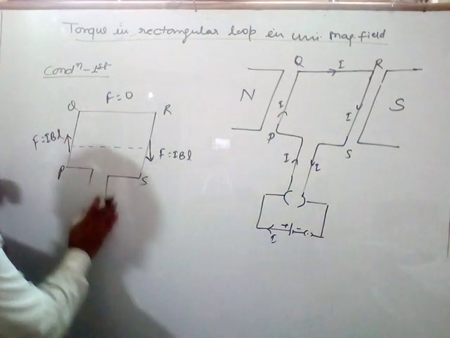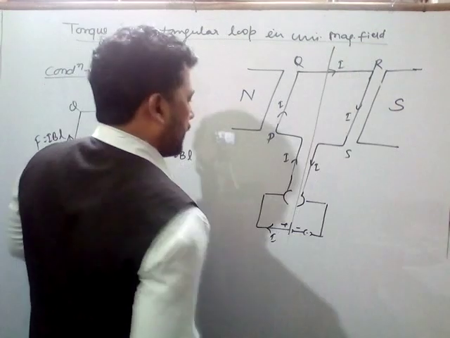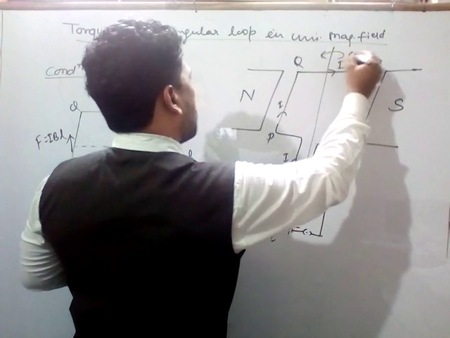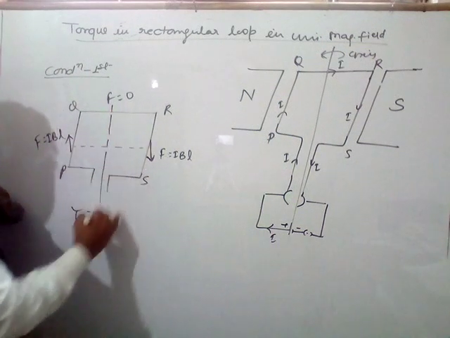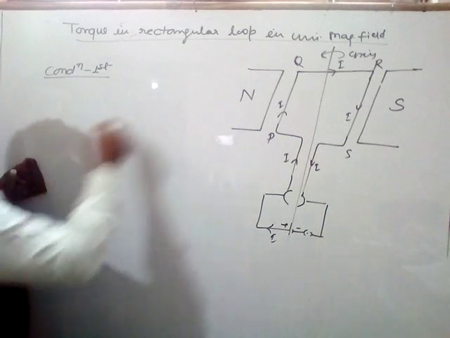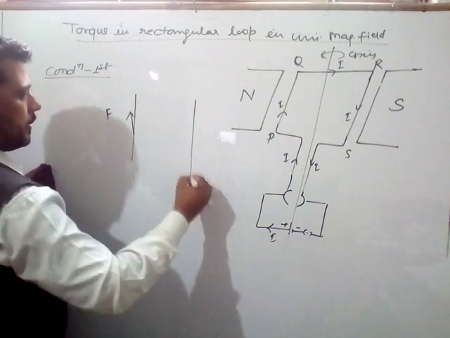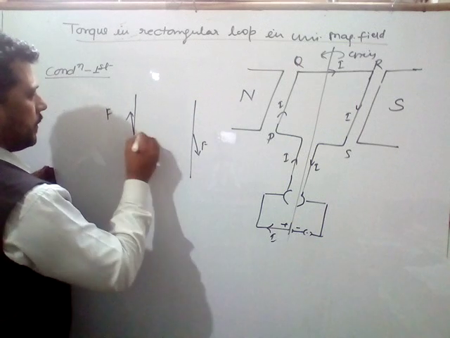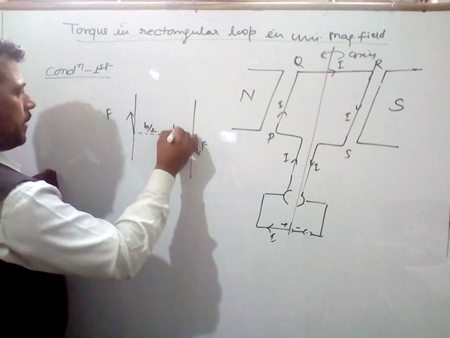That torque rotates the coil about its axis. So here the torque is like this: two forces, F and F, placed at some distance, B by 2 and B by 2.